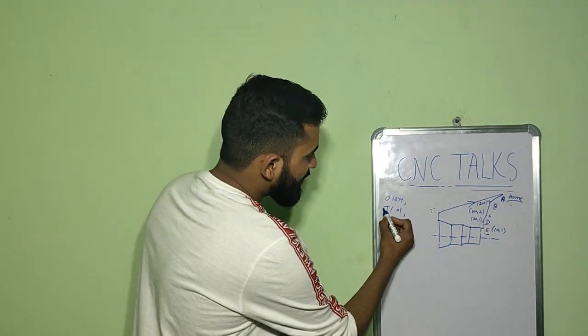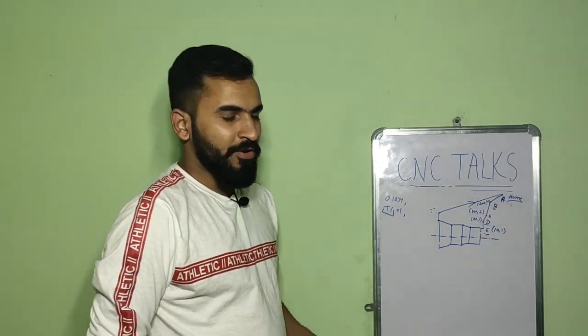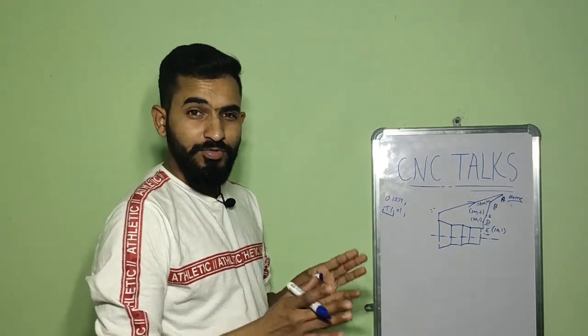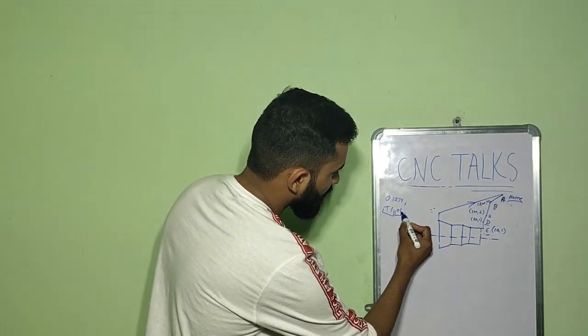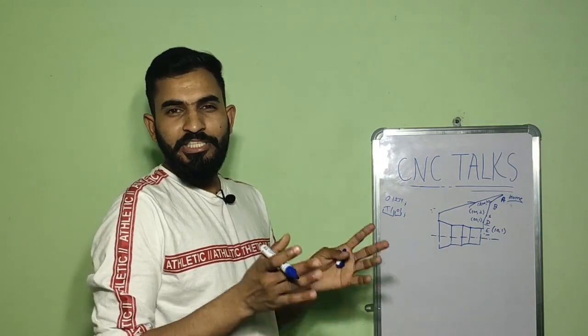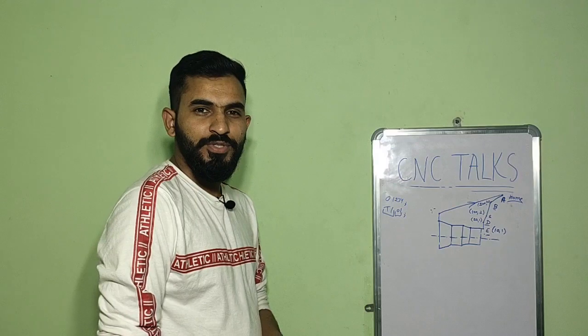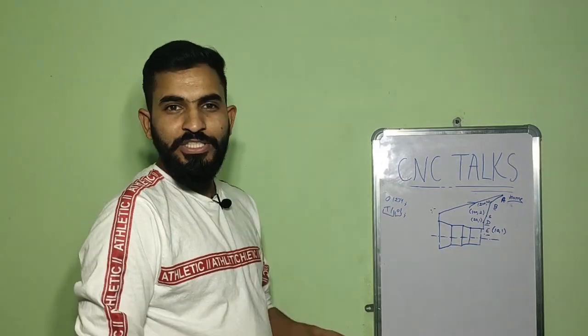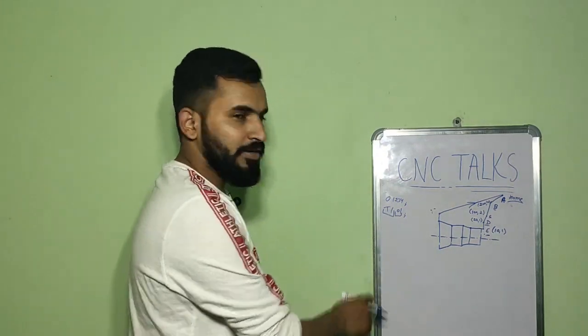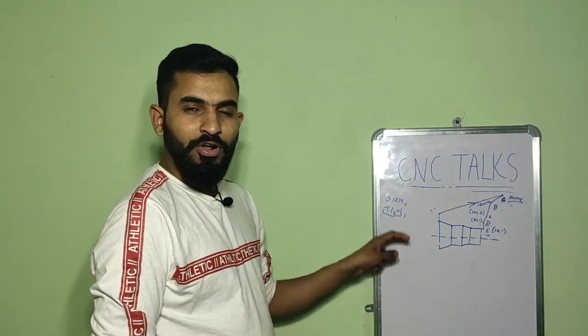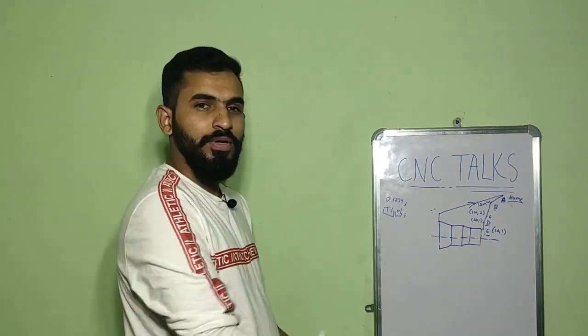Here T1 denotes the tool number while 01 denotes the offset number. Since it is extremely mandatory to take all the offsets before running a machine, 01 denotes the offset number of tool 1. That is why 01 is always used while calling a tool.